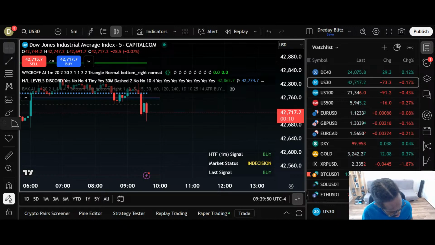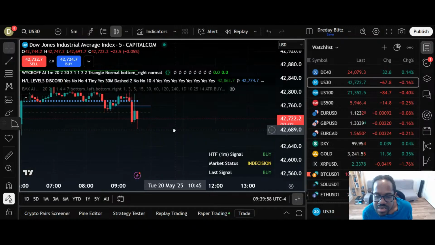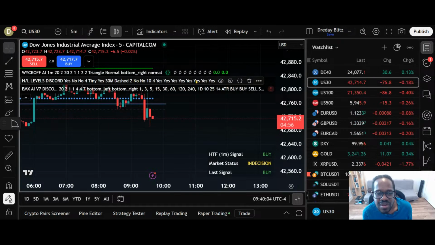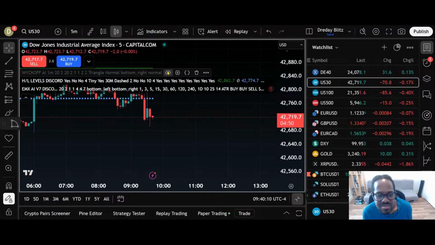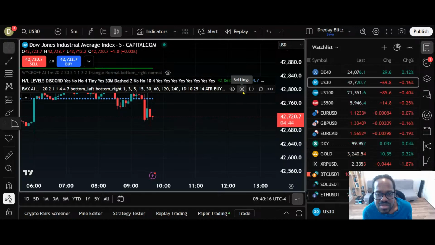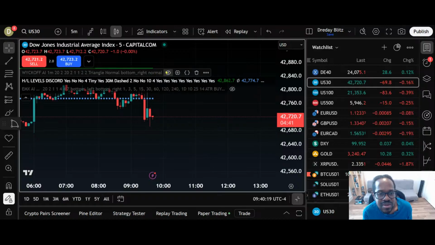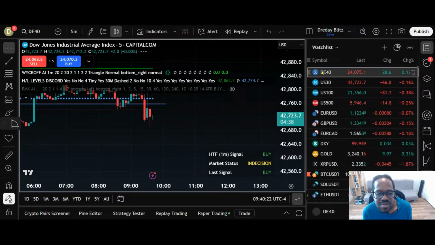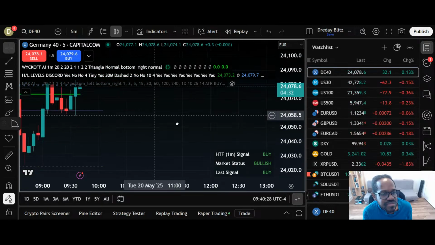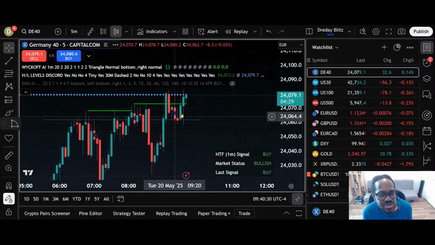So that 5 minute candle will close in a couple of seconds here. Still in the indecision phase on Wyckoff. For some reason this is not loading. German is still bullish here.